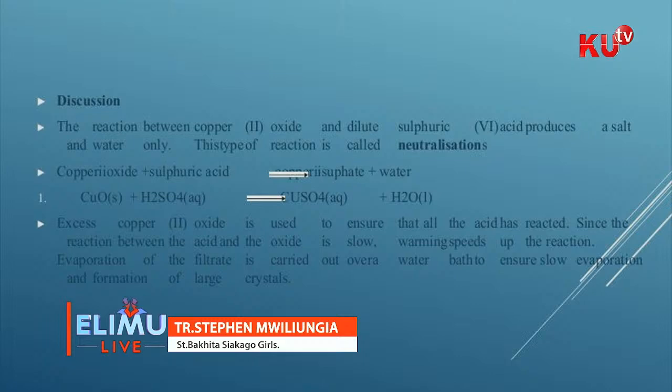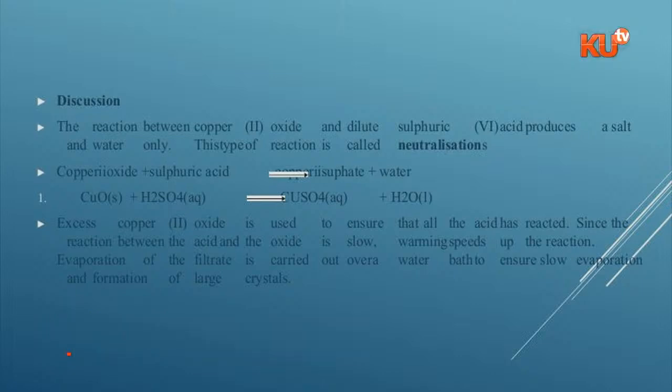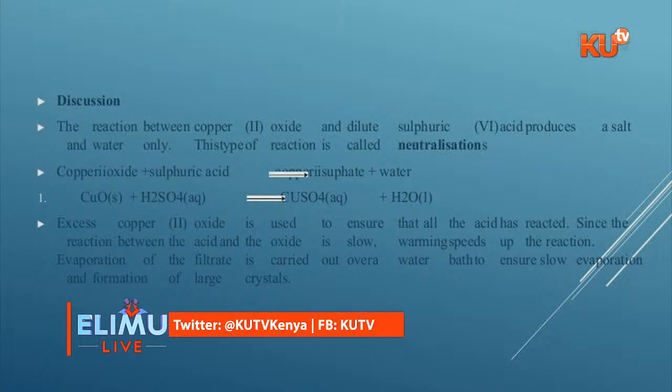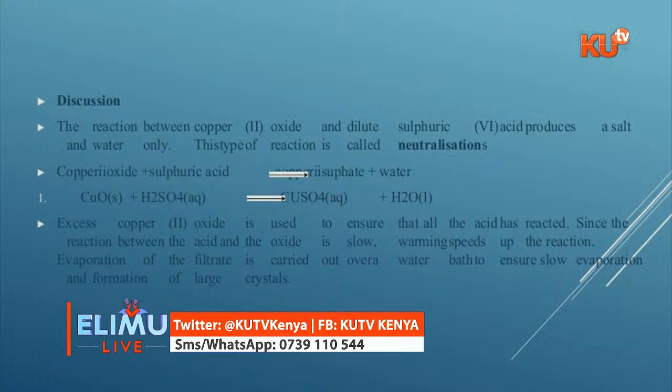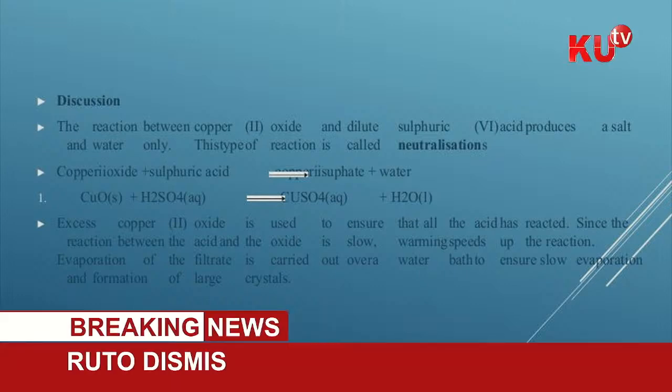Another point to note, you have noted in the procedure, the evaporation of the filtrate is done over the water bath. Evaporation is normally done slowly, for formation of large crystals.